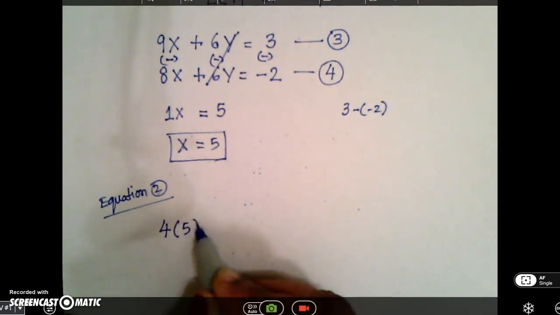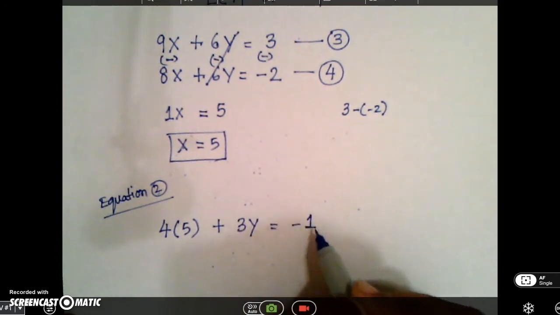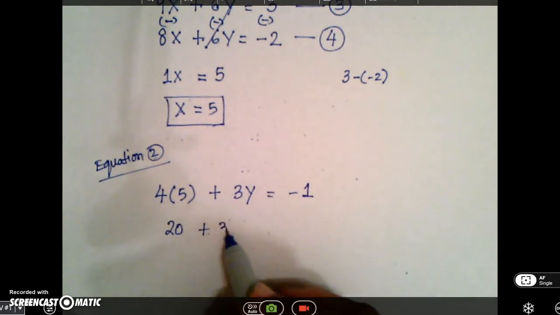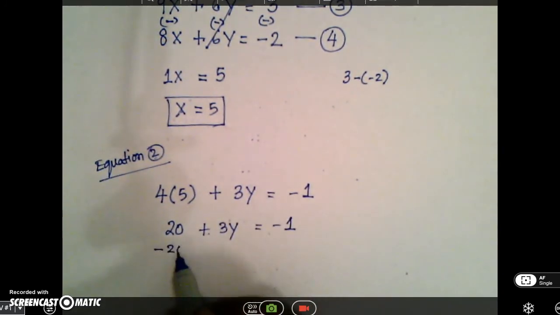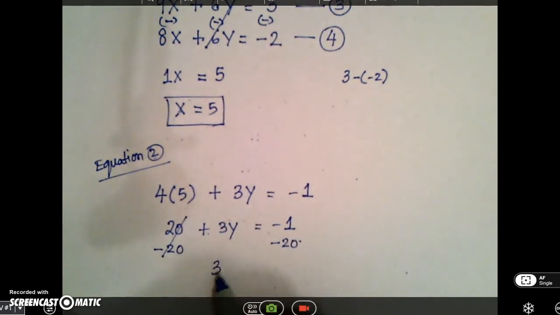4 times 5 plus 3y is equal to negative 1. 4 times 5 is 20 plus 3y is equal to negative 1. So subtract the 20, subtract the 20. 3y will be negative 21.